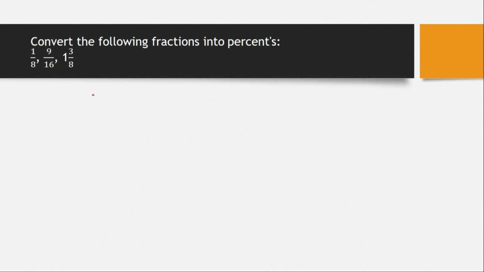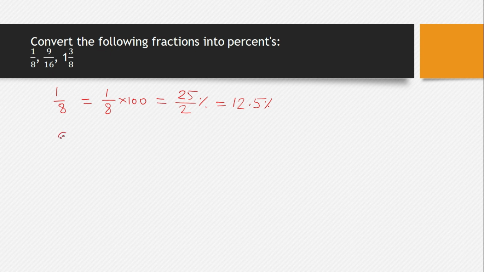So first one is 1 by 8 can be written as 1 by 8 into 100, or if you reduce it, we can write it as 25 by 2% or 12.5%. Next is 9 by 16.